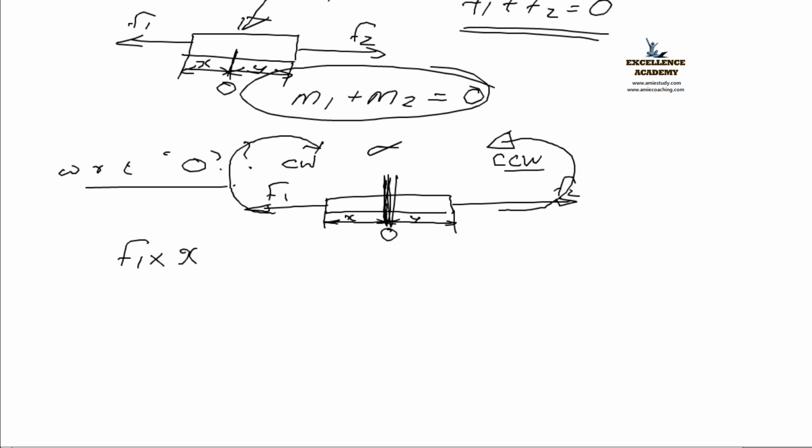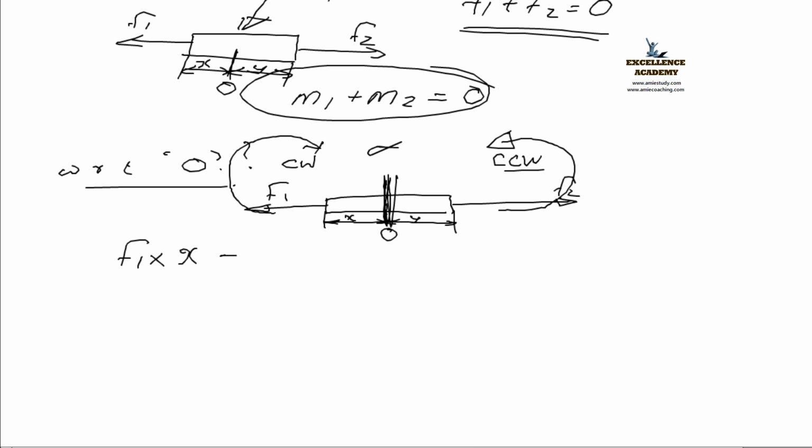F1 into X is in clockwise direction. Then minus, why? Because the other one is in counterclockwise direction. You have to give a negative sign to denote its direction. That is F2 into Y, is equal to zero.